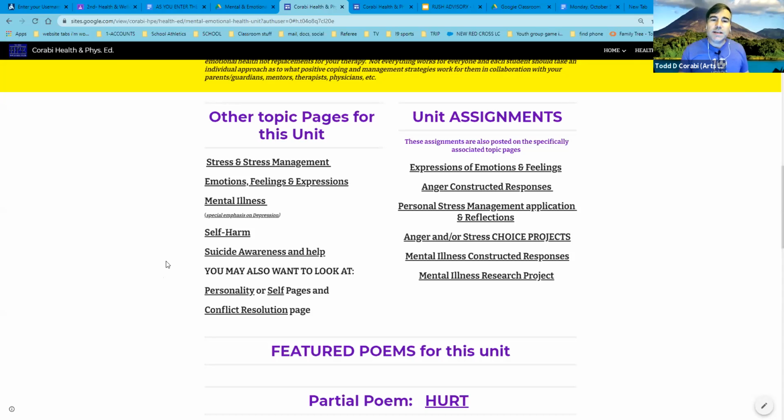So education and information has gotten much better over the last several years. I have strategically chosen, after having a conversation with Mr. Doyle, who's the other health and phys ed teacher at our school, to not directly teach during class about these topics.